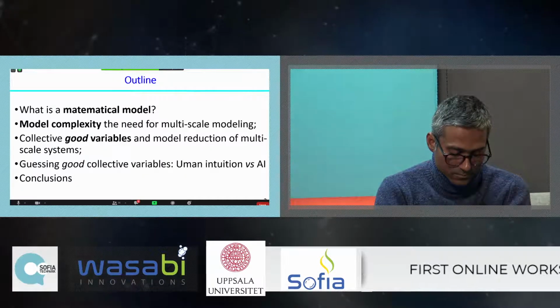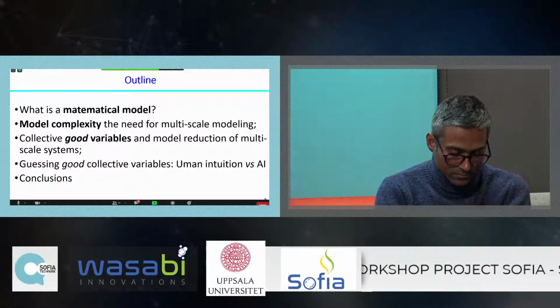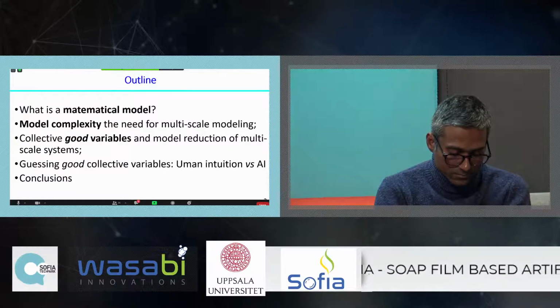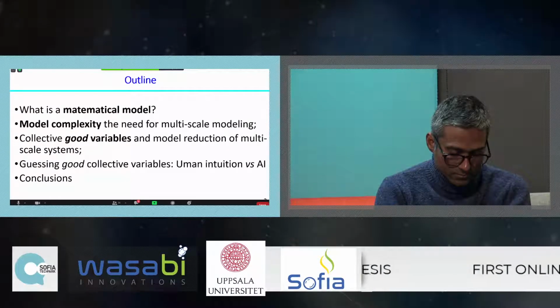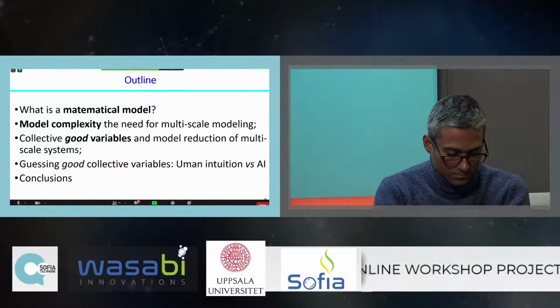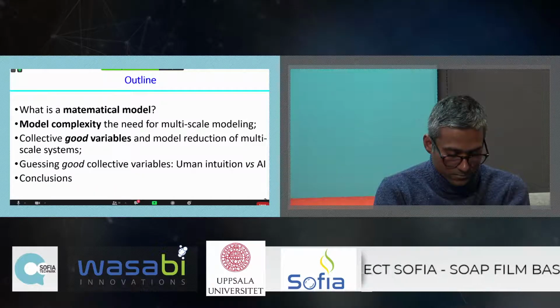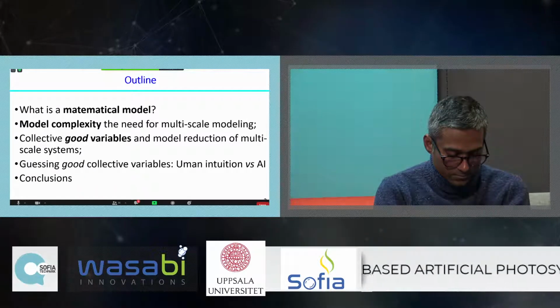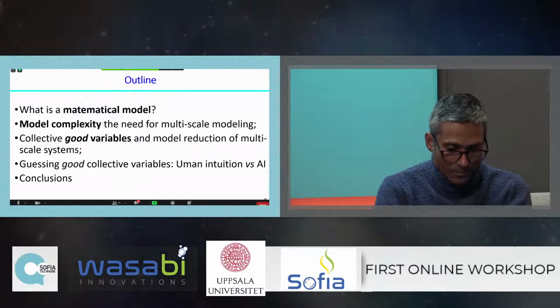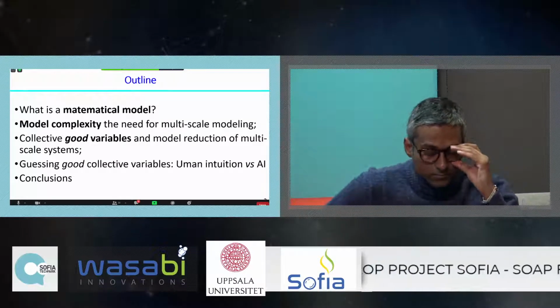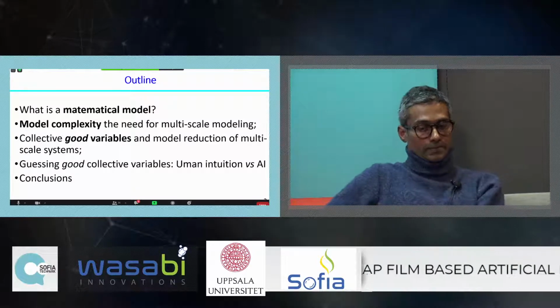This will bring us to the very crucial notion of good variables, good collective variables, and the way those entities can help in simplifying the models. Then we will discuss how those important entities can be extracted or formulated, and I will briefly conclude.